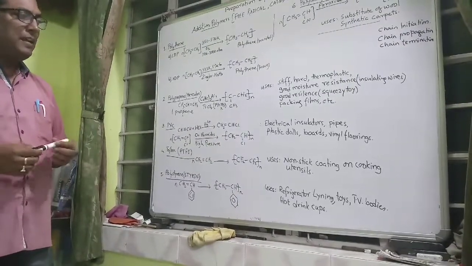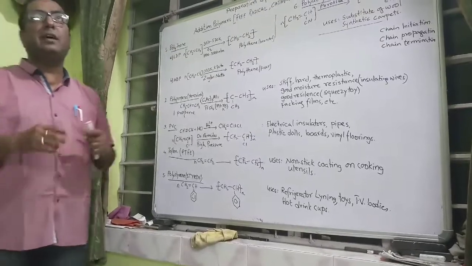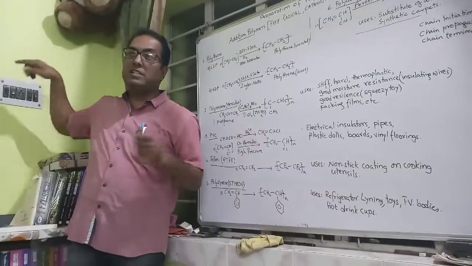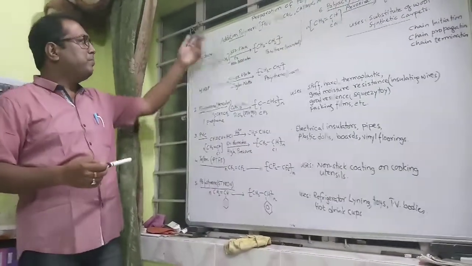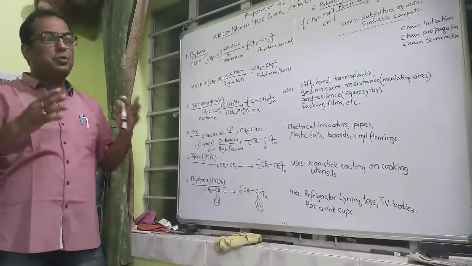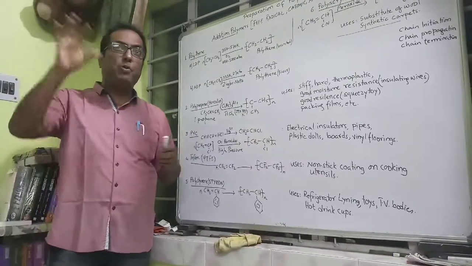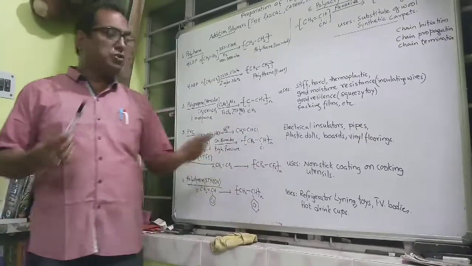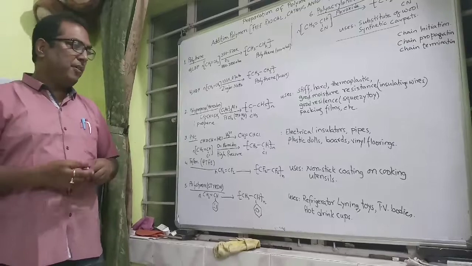And polyvinyl chloride is used for electrical insulation. PVC boards are insulators. It will not allow the electricity to pass through it. So it is used in making switch boards and all. It is used in making pipes, plastic dolls, which cannot be deformed easily.